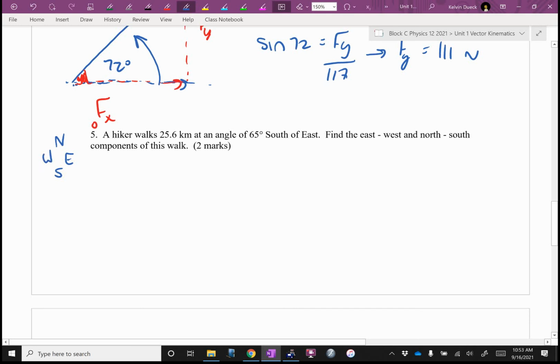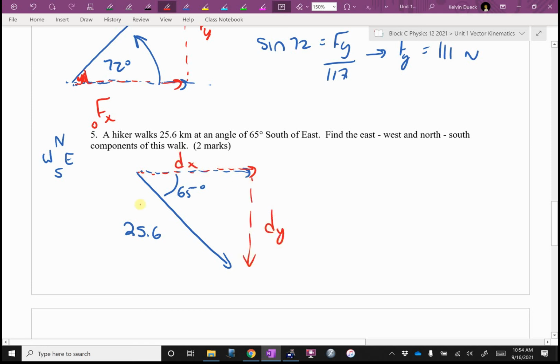I guess I'm going to go east first, then south of east, where that's 25.6, and this is 65 degrees. I'll call this dx, and I'll call this dy. Opposite, hypotenuse, adjacent.